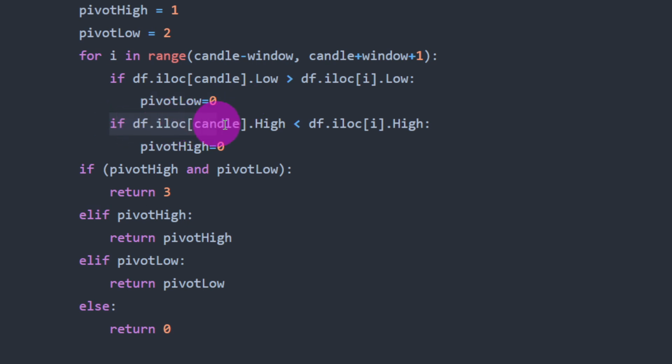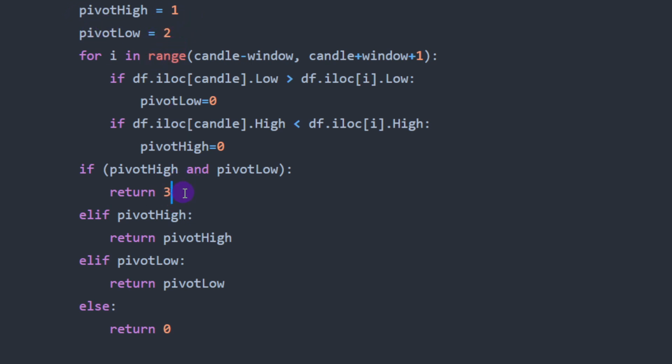And in the opposite case, if the high of the current candle is below any of the highs of the neighboring candles, we also cancel its pivot high label, which will be equal to 0. Now, it might happen that a candle is a high and a low pivot at the same time, because if the highest point of the current candle is above all the highs of its neighbors, and the lowest point of the current candle is also below all the neighbors' lowest values, in this case, it will keep both pivot high and pivot low variables, 1 and 2.